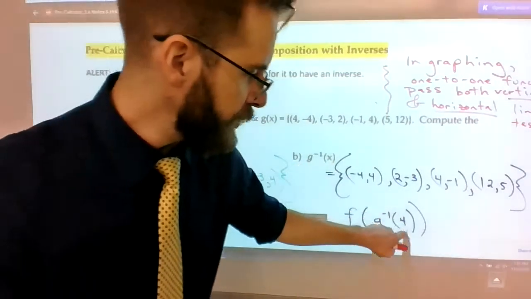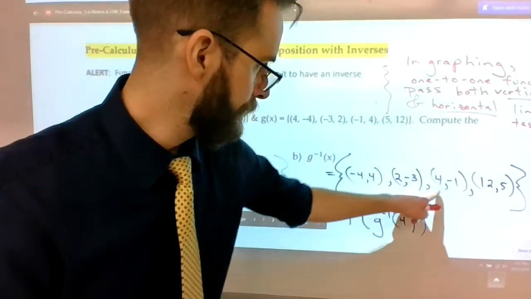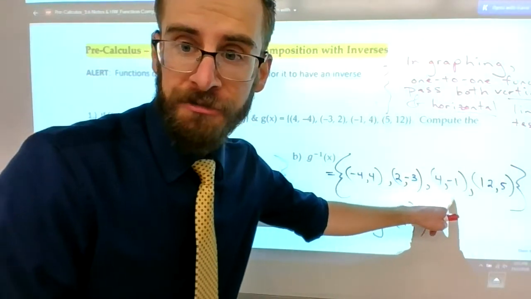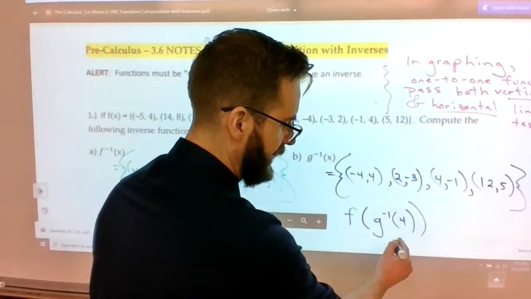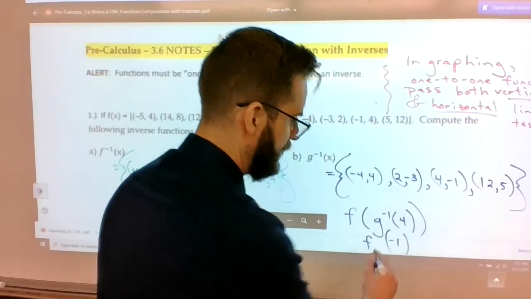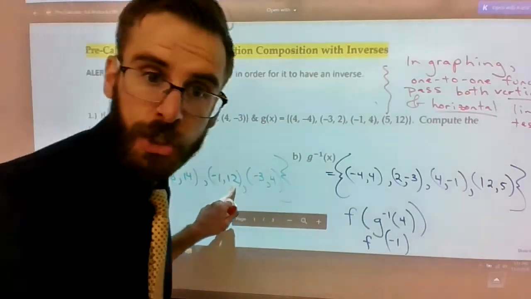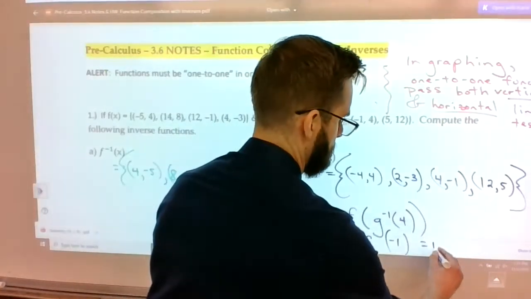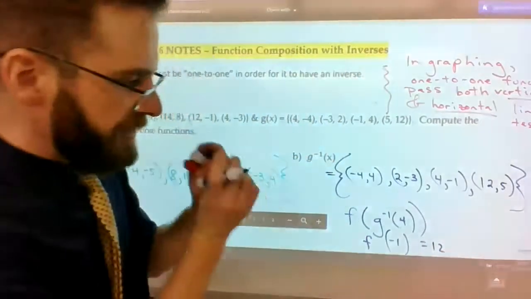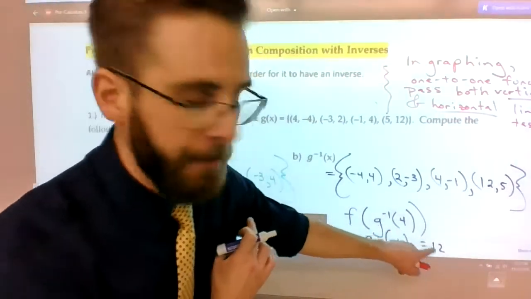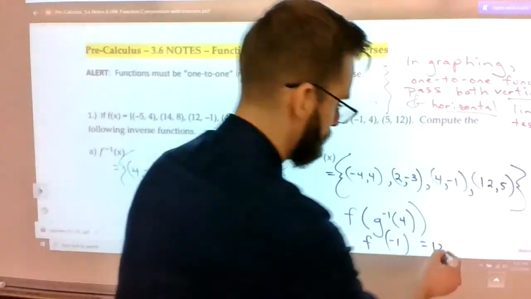My x value from that function's 4. It yields a value of negative 1. And then f of negative 1, you'd go over here. Negative 1 corresponds to 12. So the data point would be 4, 12.